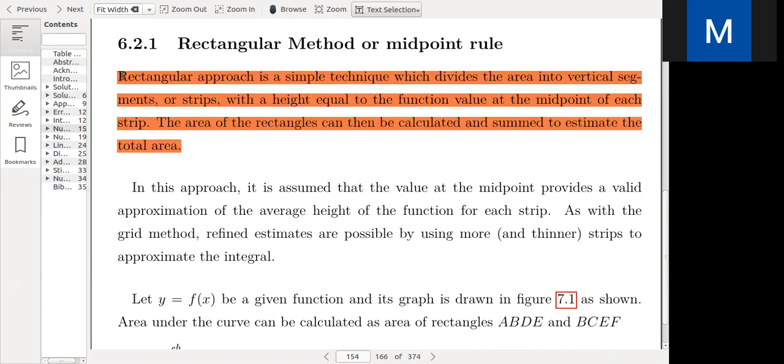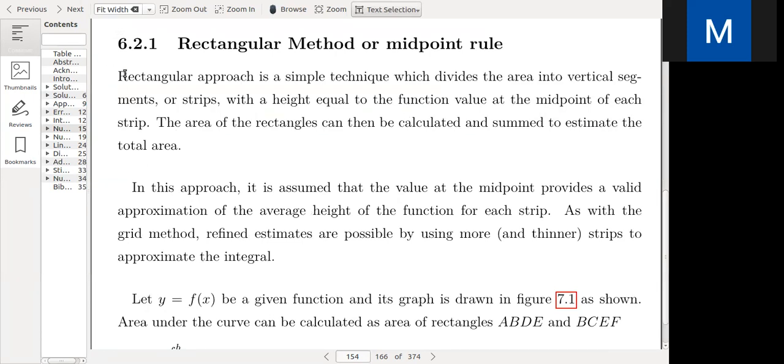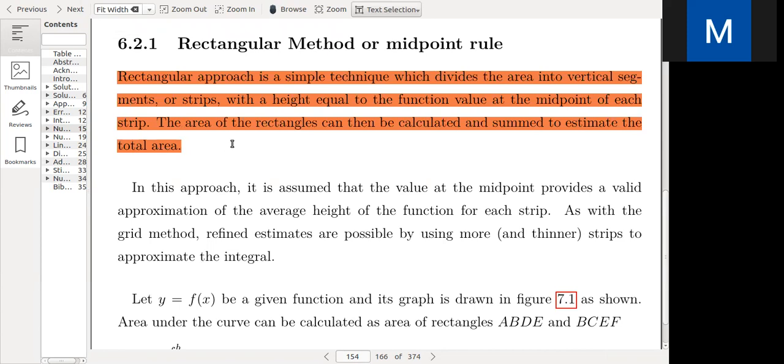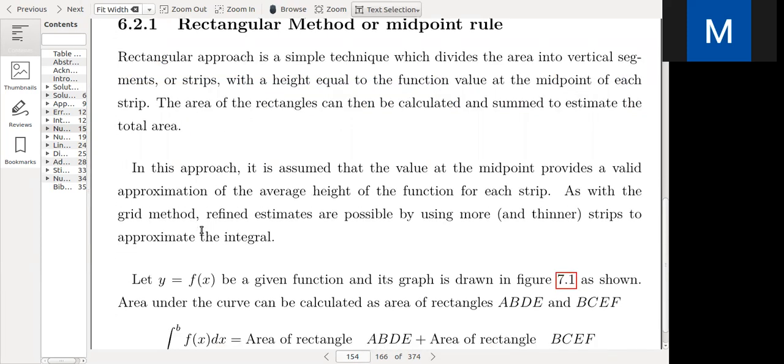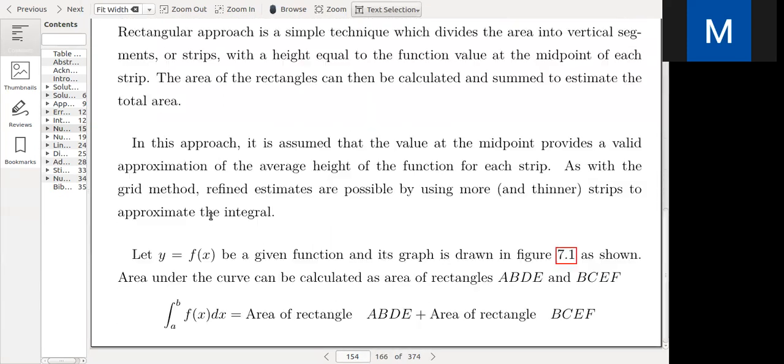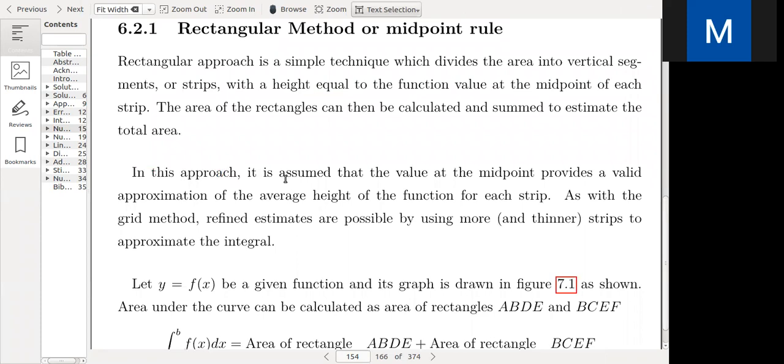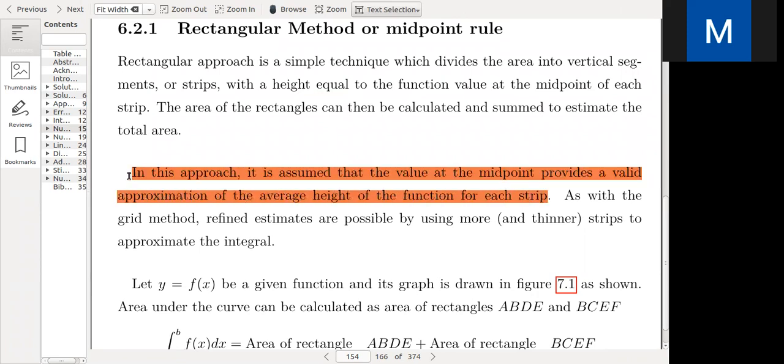The area under the curve or the function will be divided into rectangles, and then we will estimate the area of these rectangles finally to get the integration of this region. In this approach, it is assumed that the value at the midpoint provides a valid approximation of the average height of the function for each strip or rectangle.